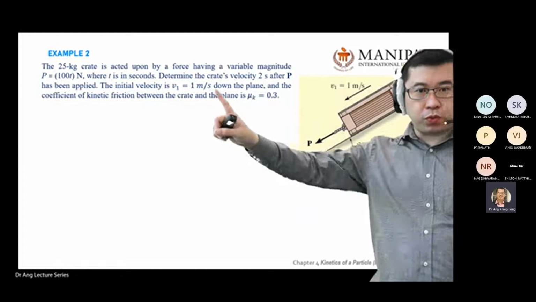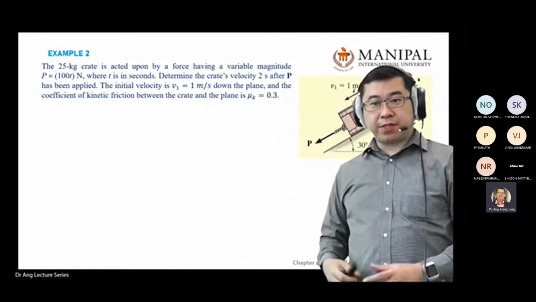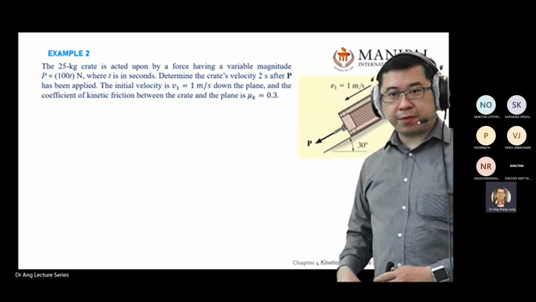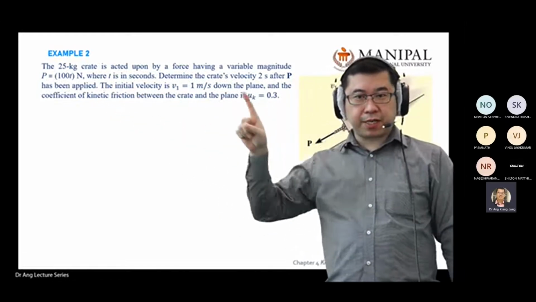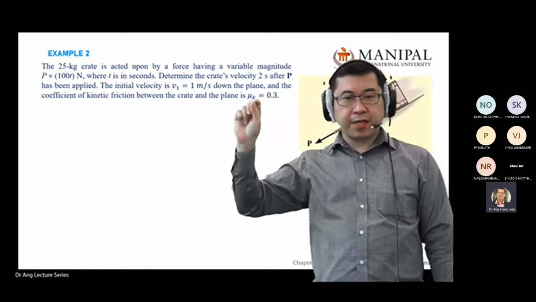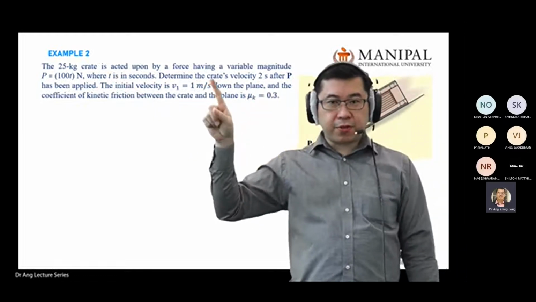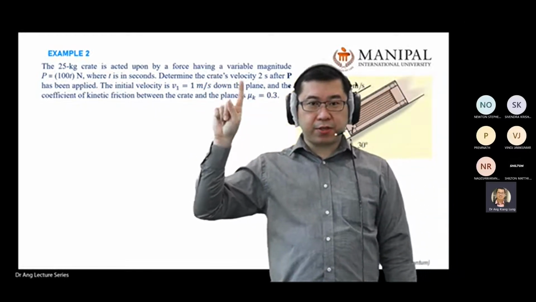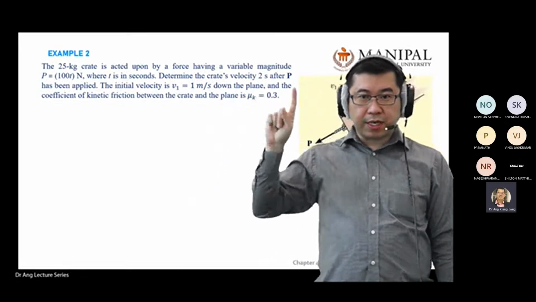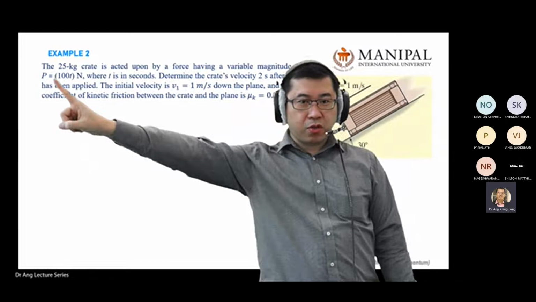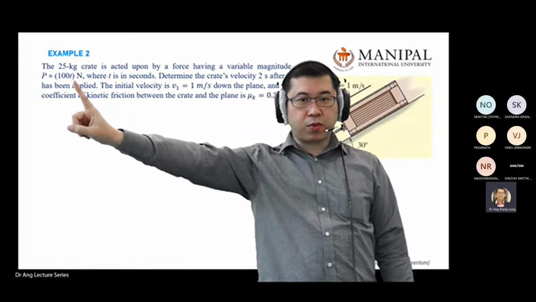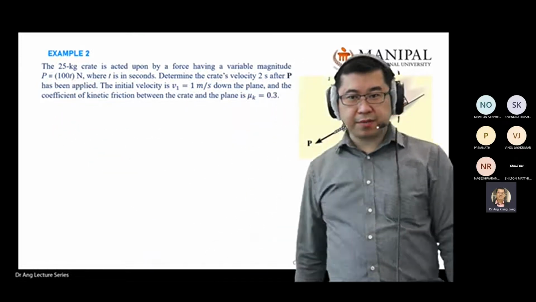Then you are given some more information in a statement. You are given the mass of that object, 25 kilograms, acted on by a force having variable magnitude. Your P now has variable magnitude, where P equals 100 t.